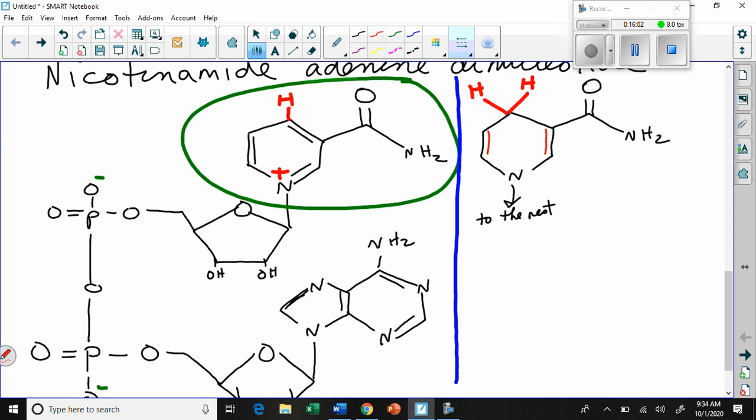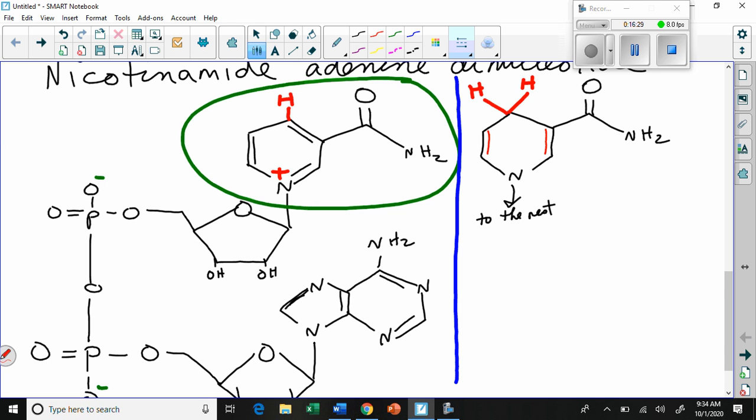Okay. Then what happens is this extra H is added at this spot, and the N is no longer plus, because the N has sort of gathered electrons closer to it. All right? It's gathered electrons closer to it because of the way the bonds have changed in the ring, and therefore it's no longer positive. It's now back to where it was. And the top of the molecule has changed.